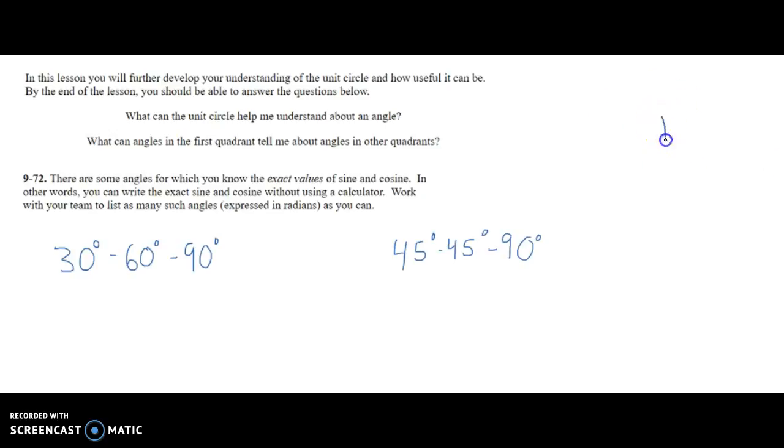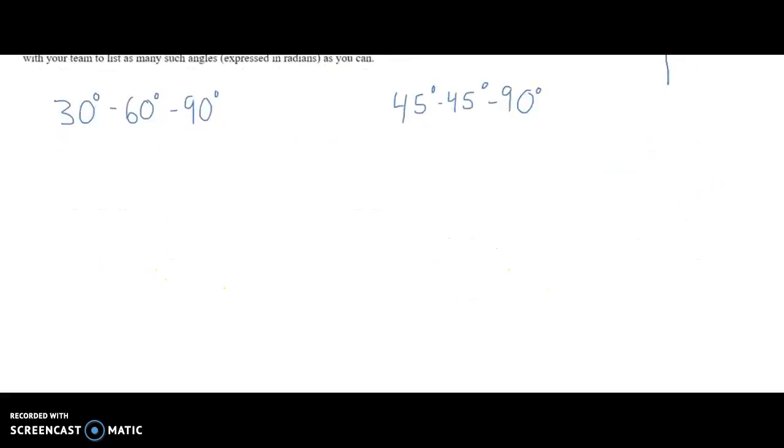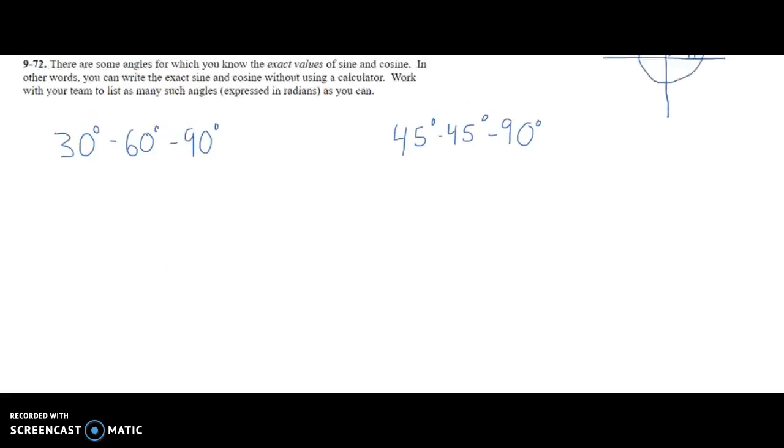Remember, if we have our unit circle with our radius 1, within this unit circle we are able to draw right triangles. A couple of right triangles we know special properties for are 30, 60, 90 triangles and 45, 45, 90 triangles. So let's just focus on these two triangles right at the moment.